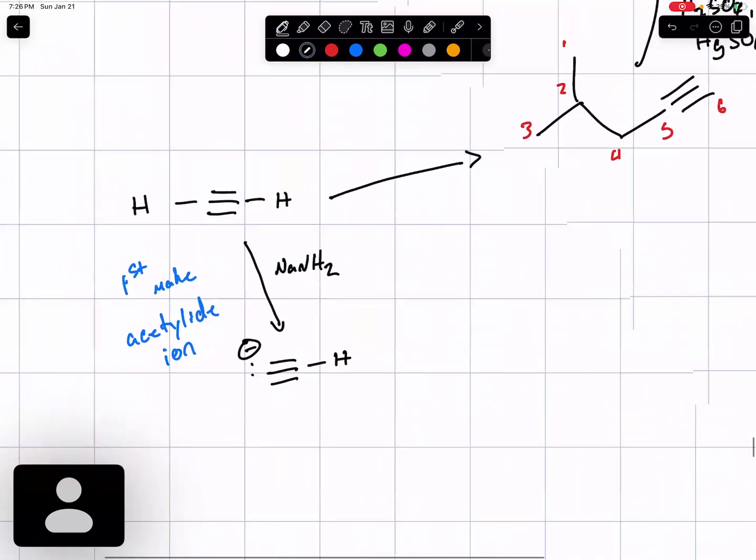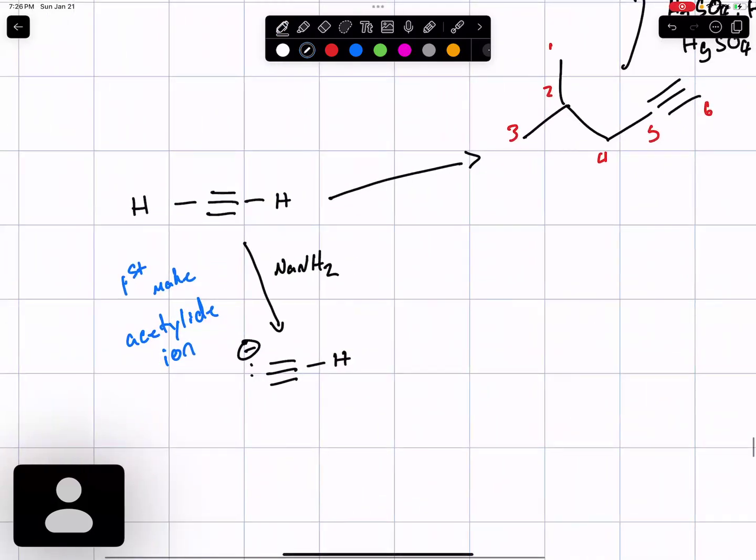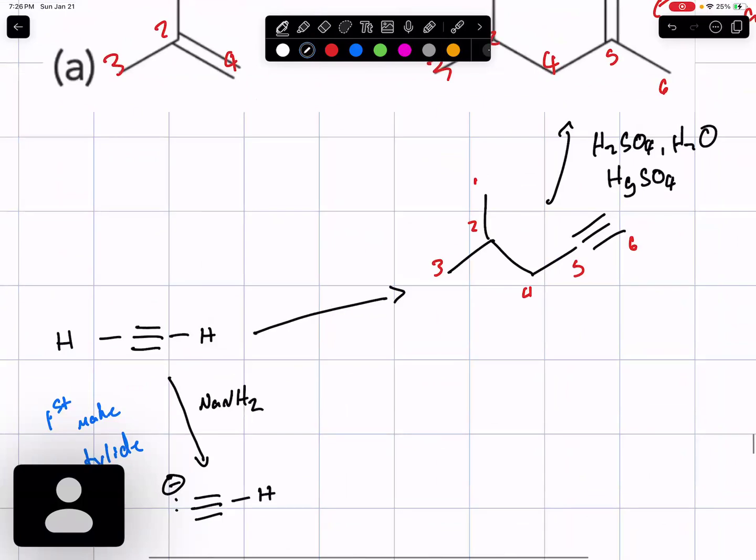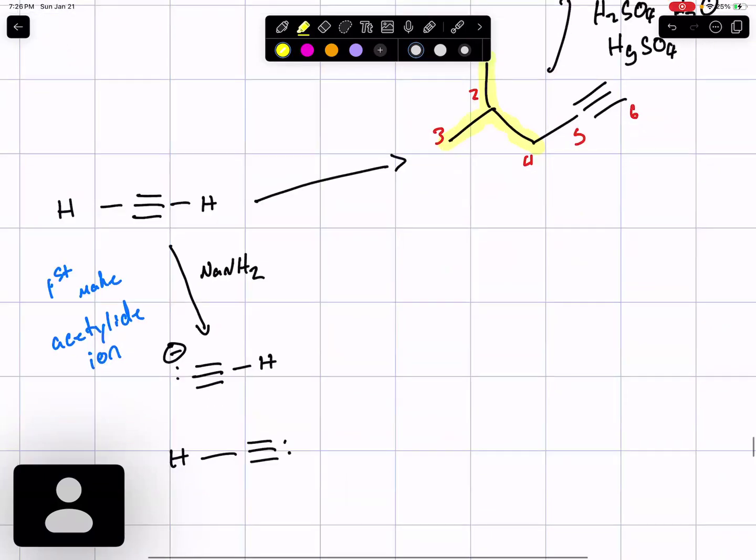Once we have that acetylide ion, maybe I should have drawn this the other way, but what can I do to that acetylide ion? I'm going to draw it this way just to make it clear. How can I add this group that I'm highlighting?